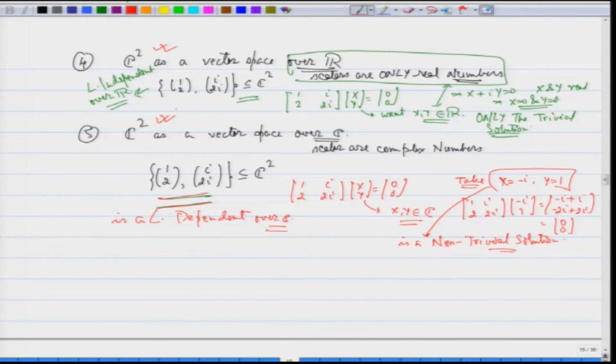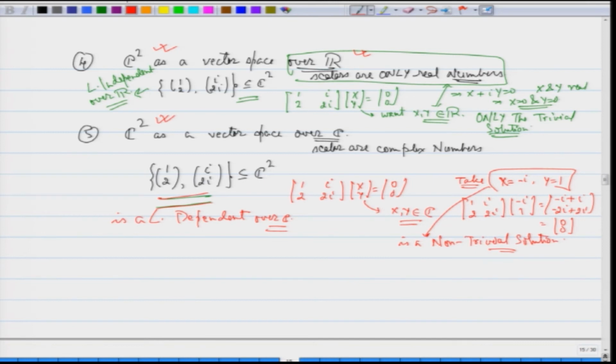Both of them are subsets of C2. C2 is a vector space, but one is over real numbers, the other is over complex numbers. So, the definitions of linear dependence do depend on the set of scalars. This is what you have to be careful about. I would like you to understand them.